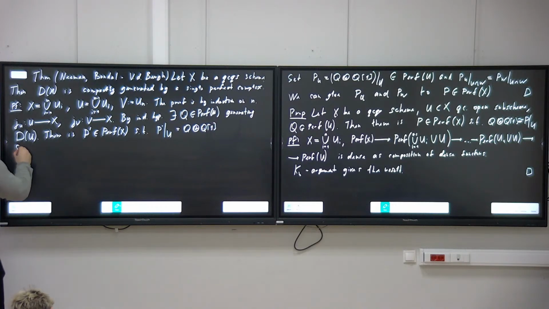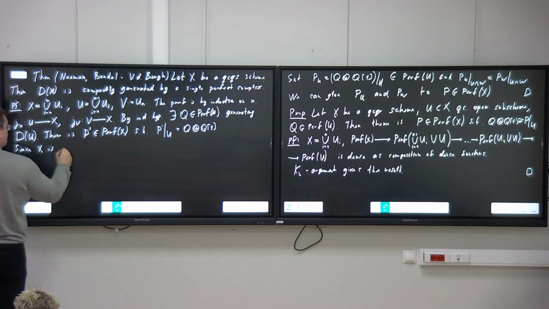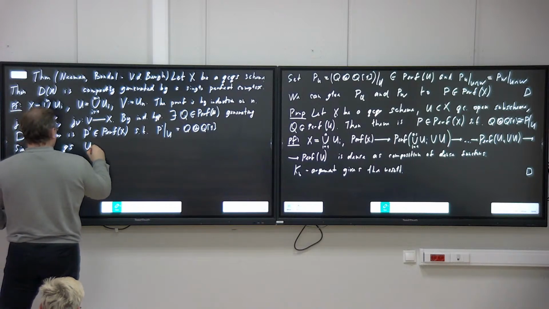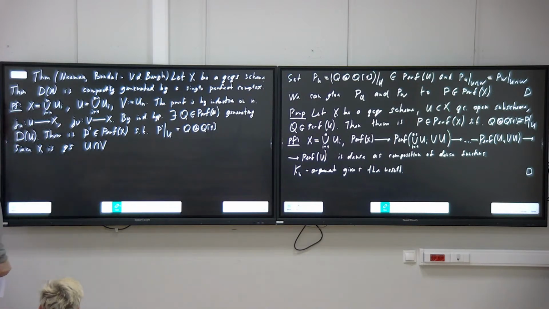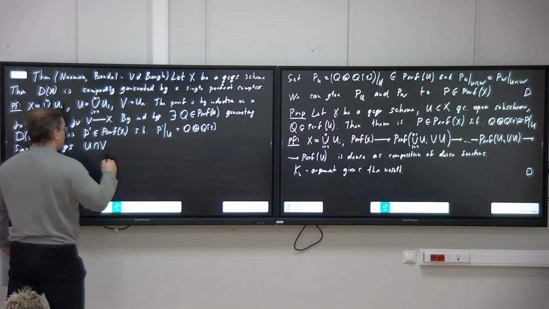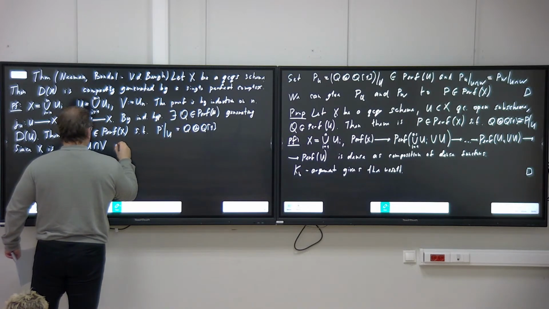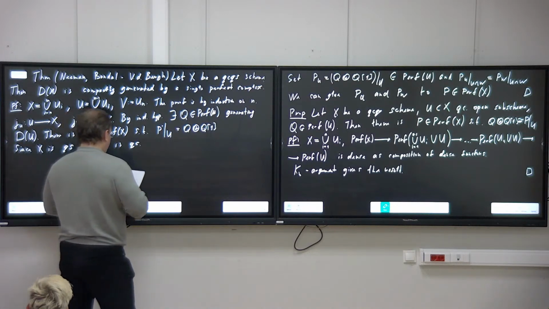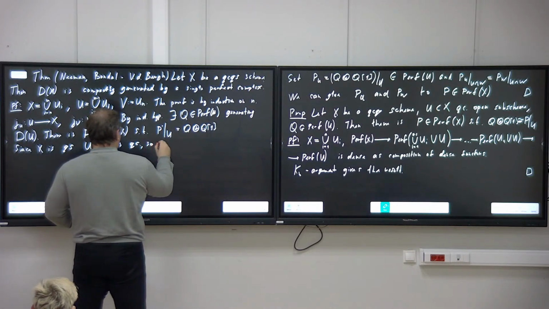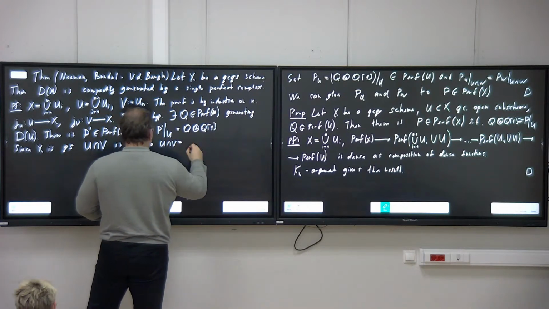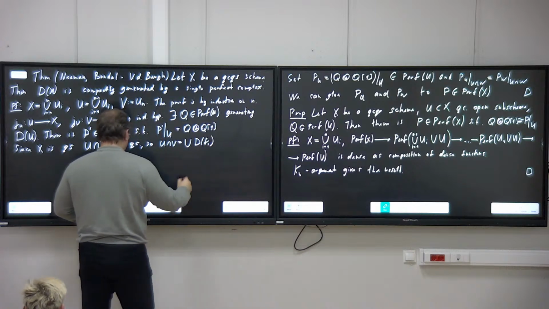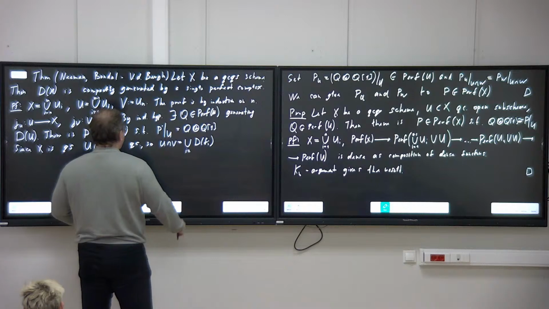So then I use that since X is quasi-separated, if I look at the intersection of the U and V, right, this is also quasi-compact by the quasi-separateness. Hence, I can write this intersection of the U and V as some finite union of the principal open affines, since V is affine.